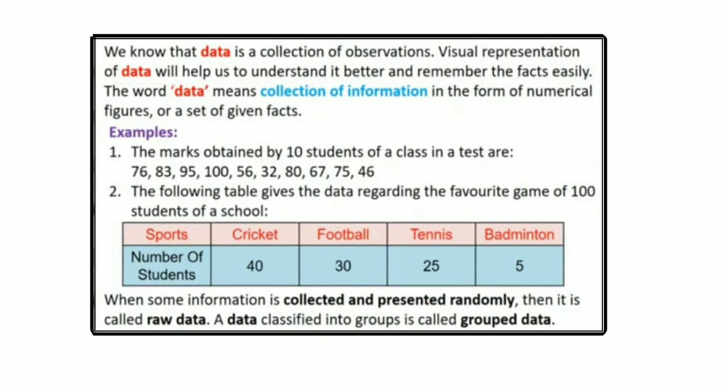Now students, when some information is collected and presented randomly, as you can see in the first example, that is called raw data, and data classified into groups, as you can see in the second example, is called grouped data.